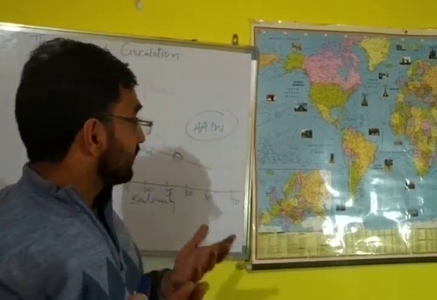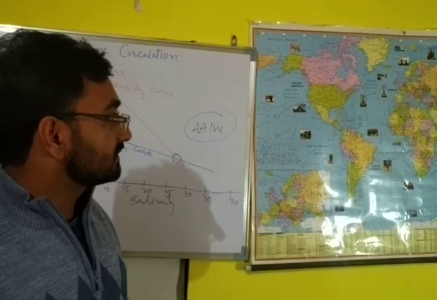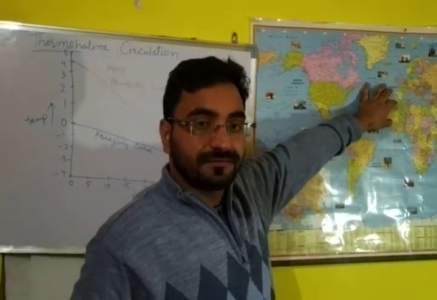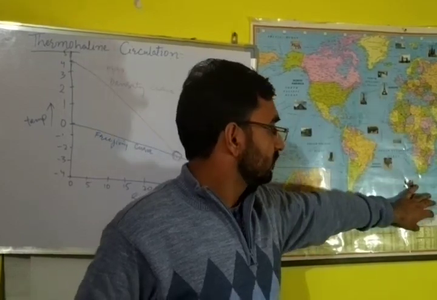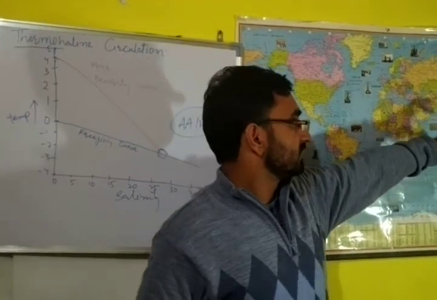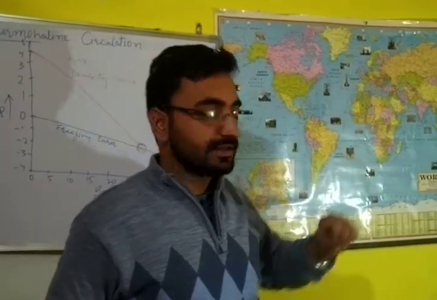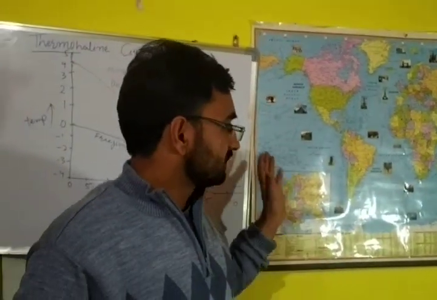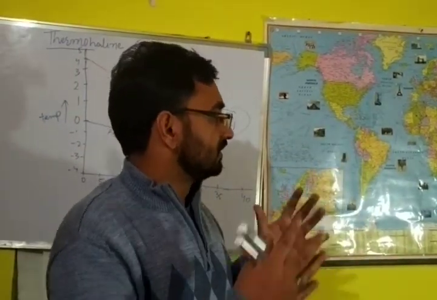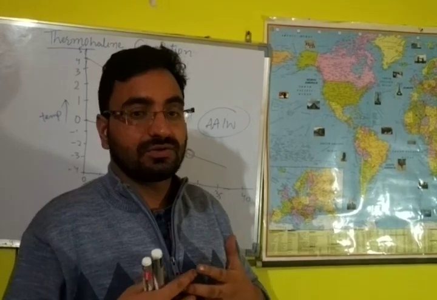So if I try to conclude, we have the formation of cold water here, the intermediate water here, then we have upwelling in the Pacific, upwelling in the Indian Ocean, and this is how the thermohaline circulation goes.